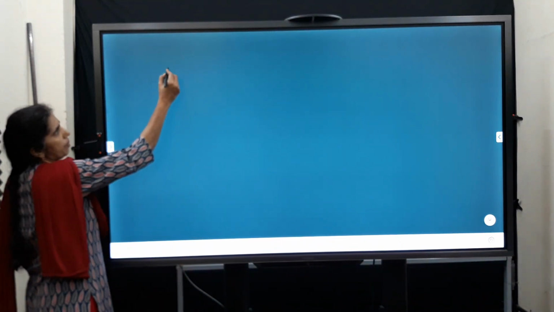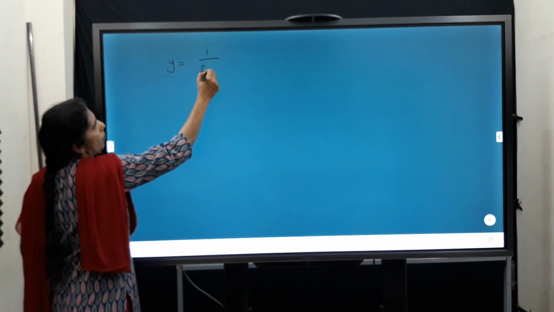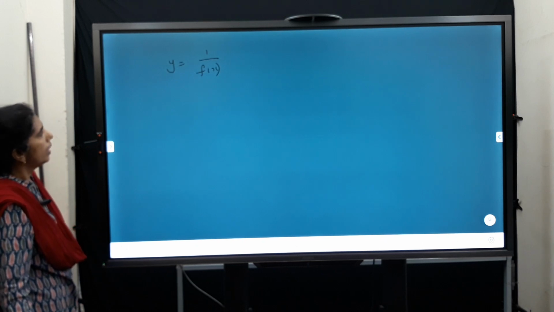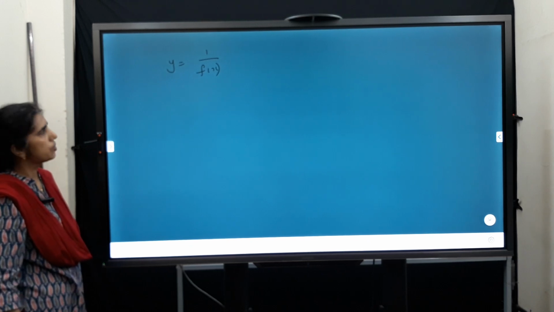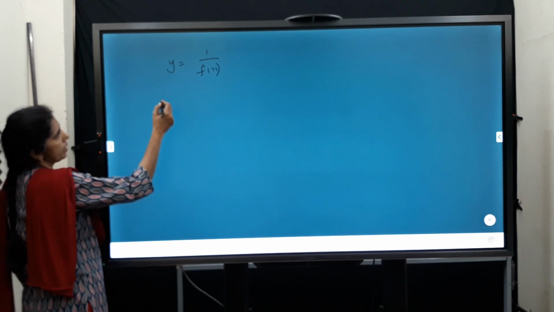Our next example of composite function is functions of the form y equal to 1 upon f of x. In this case also we use the substitution u equal to f of x. Let us take one example.